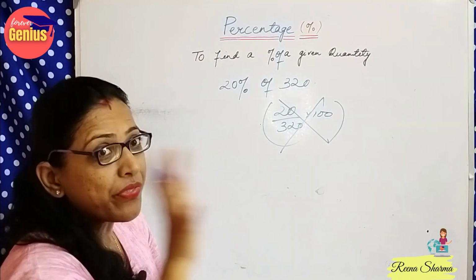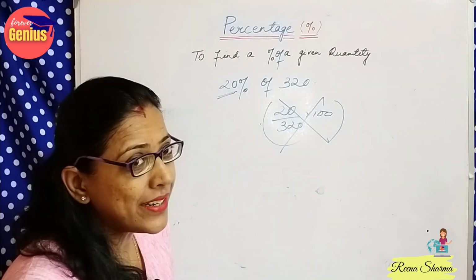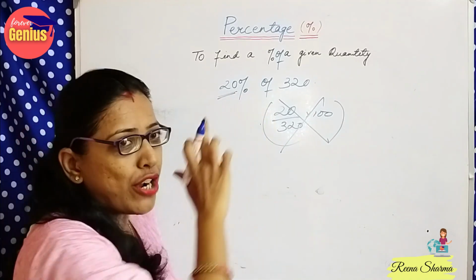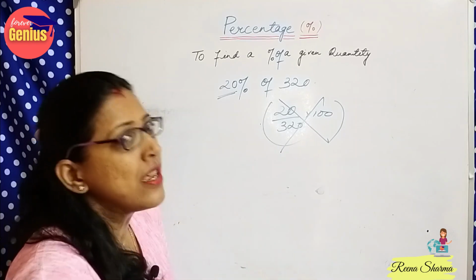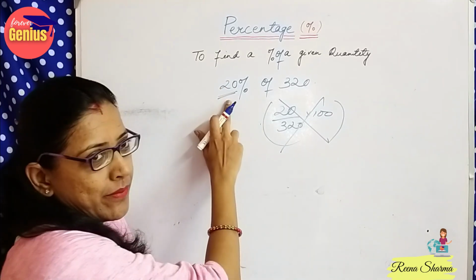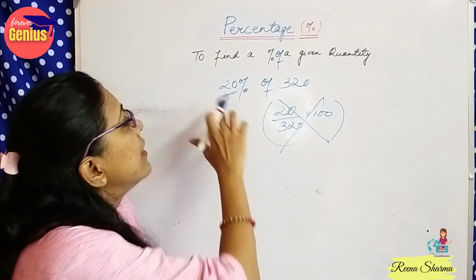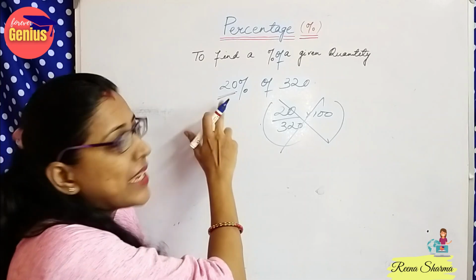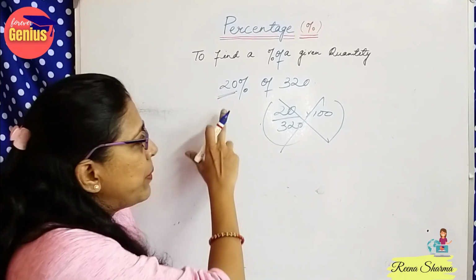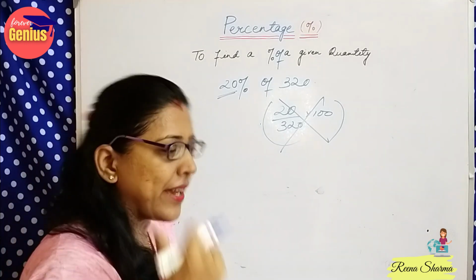What they should do in these cases: we have done how to convert a percentage into a fraction. First convert this into a fraction. The number given in the percentage will be the numerator and 100 will be the denominator.